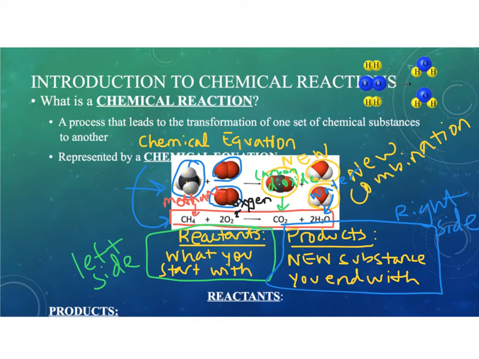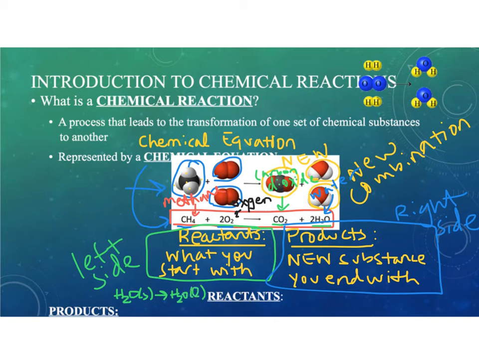So the right side and the left side have to have different symbols in order for a reaction to occur. Bottom line. We have to have different symbols on the left of the equation than we have on the right side of the equation. If we had the exact same thing, for example, H2O is a solid, and there's just a little arrow that says H2O, and now it's a liquid.